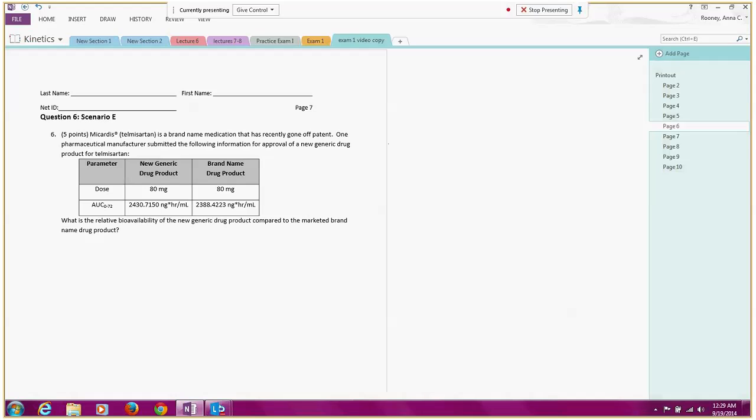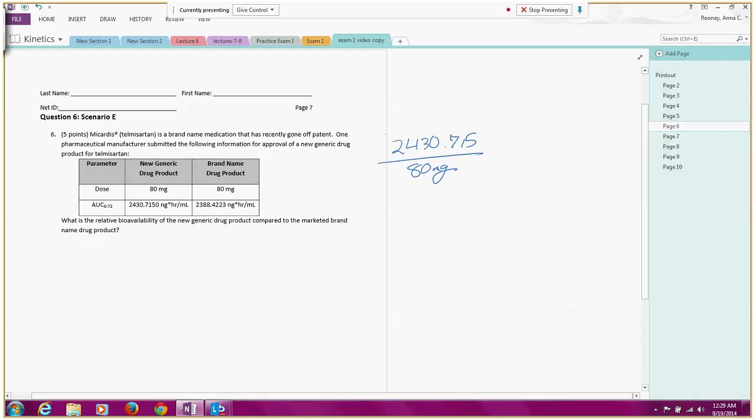If they have more than 6%, then that's an issue. So we take the area under the curve for the generic drug and we normalize it over its dosage.